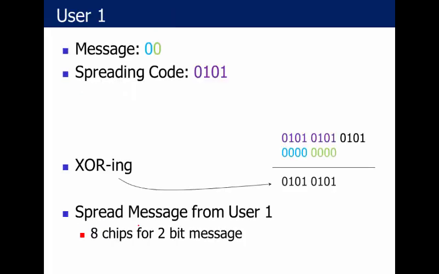So this is an example. We have a spreading code 0 1 0 1 0 1 0 1. That is a carrier. It repeats this code like this, 0 1 0 1 0 1 0 1, and it flows continually as the spreading code flows.